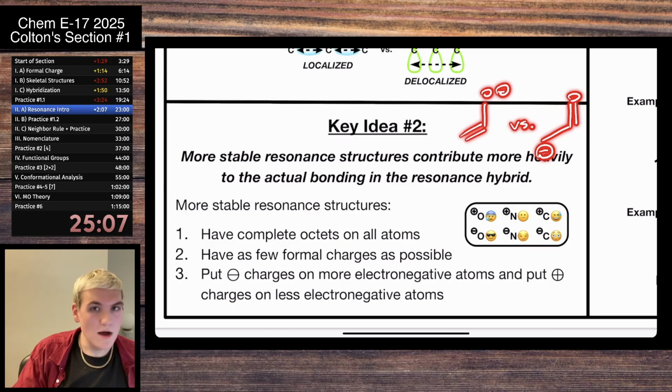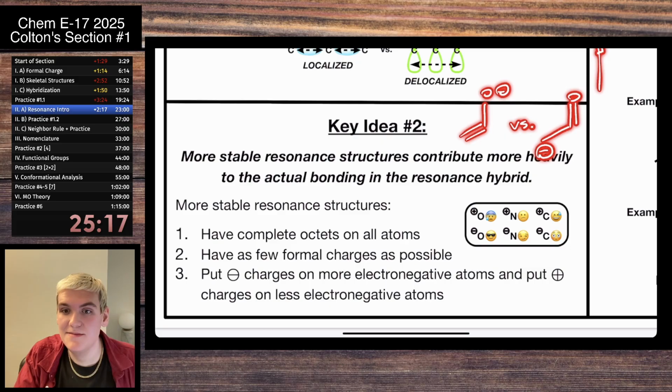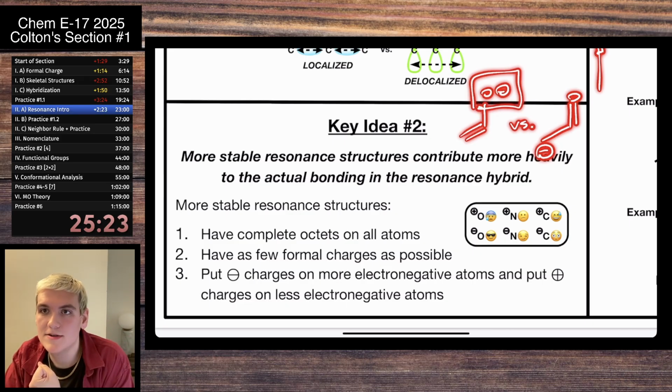Well, oxygen. Oxygen's super electronegative in our periodic trend, top and to the right. It's, I think, our second or third most electronegative element. So this negative charge, if it has to be on some atom, it's going to be more stable on a more electronegative atom, something that likes holding on to those electrons.